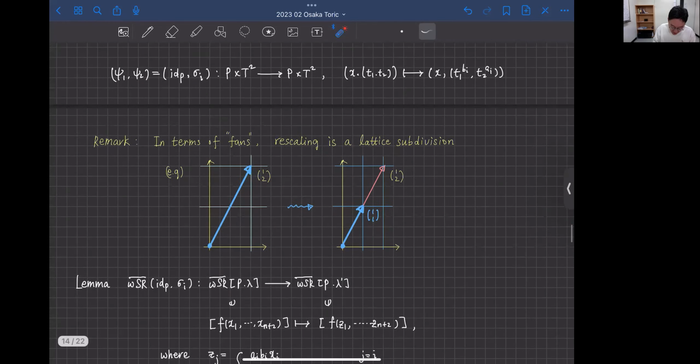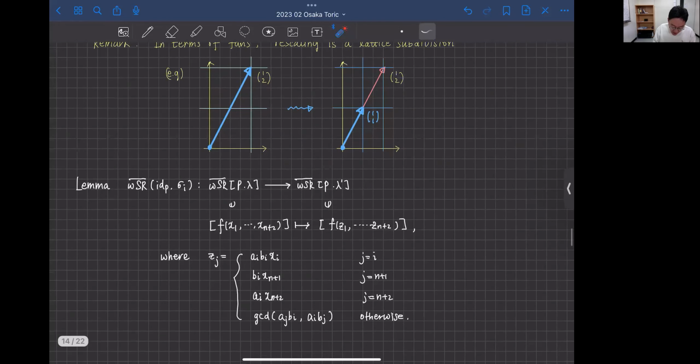The map from the weighted Stanley-Reisner ring of P lambda, wait, something is wrong. Which one is prime? P prime lambda prime. Because our compatible pair was from P times T, so P lambda and then P prime and lambda prime, right?